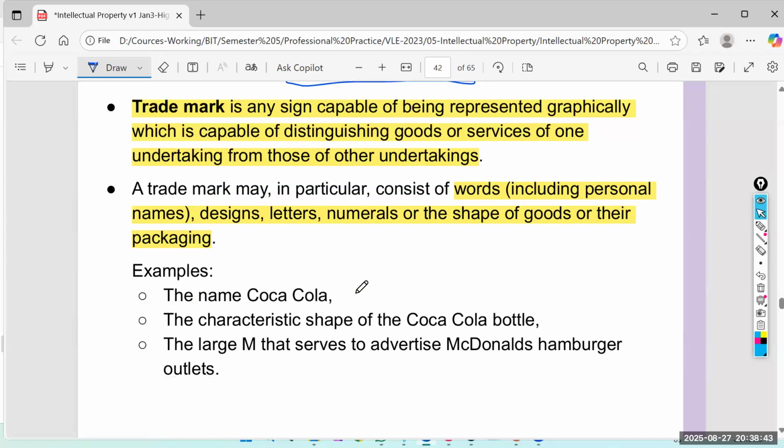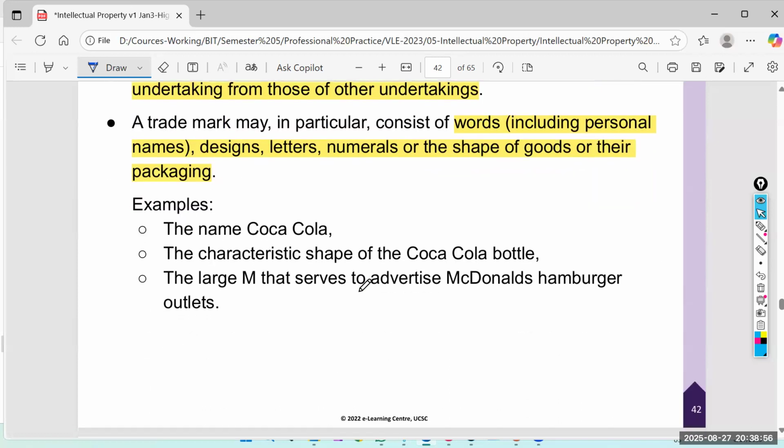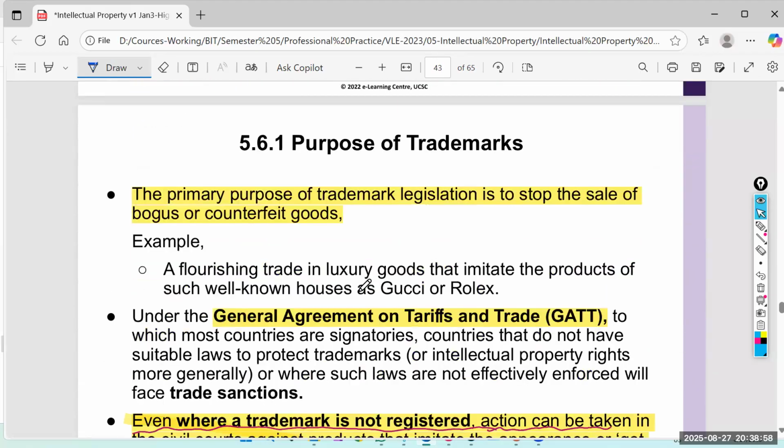At the same time, they will check whether your trade name or trademark is very close to someone else's, because that can lead to a lot of disputes and unfair things. So the purpose of a trademark is to defend your hard-earned reputation, your brand awareness.